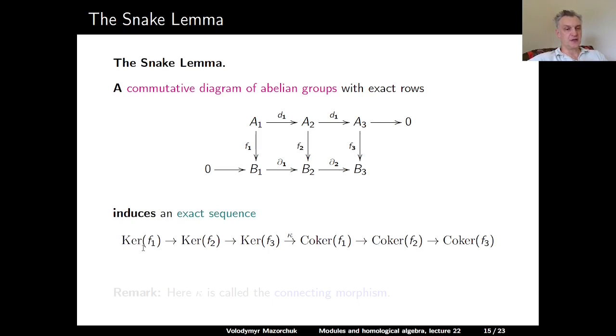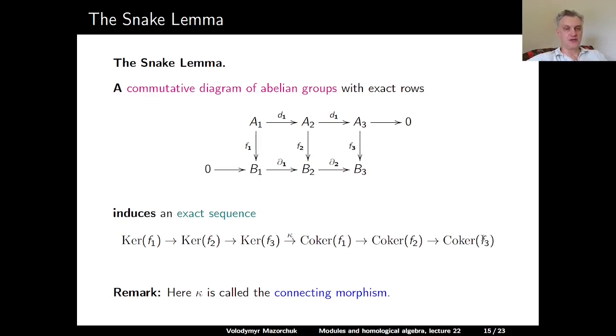We start from the kernel of F1, we go to the kernel of F2, then to the kernel of F3, then there is a certain map called kappa from the kernel of F3 to the cokernel of F1, and then we can go to the cokernel of F2 and to the cokernel of F3. And this map kappa is usually called the connecting morphism.